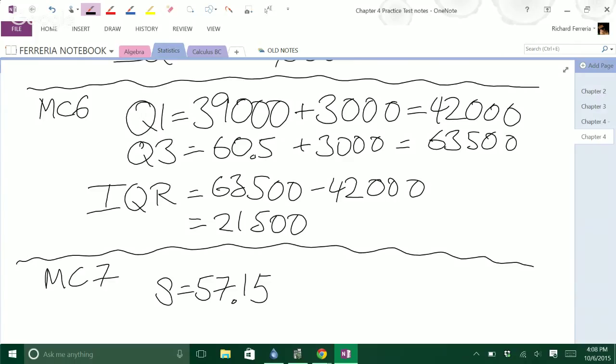Population would be if you knew every apartment complex close to the university. This isn't every apartment complex next to the university, it's just a few of them. So this represents a sample of that bigger population. We're never really going to use population. It's going to be really rare. Remember we were talking about earlier: if you have the data for the population, you don't need to use statistics. You don't need to estimate the average. You know the average.